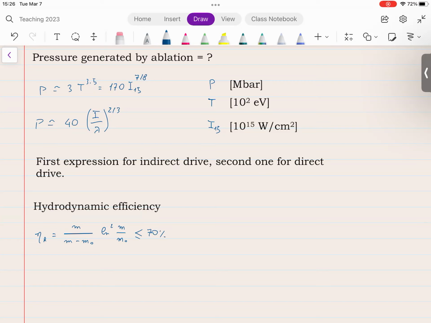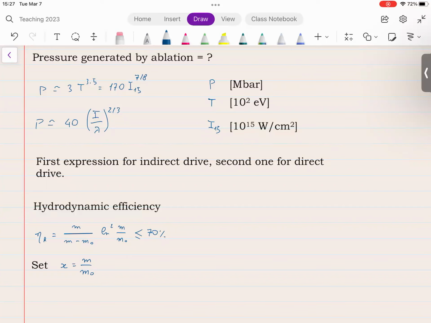If you plot, let me clarify how you do this. Well, x is defined as m over m0. Remember, m0 is the initial mass. So this number is going to be less than 1.